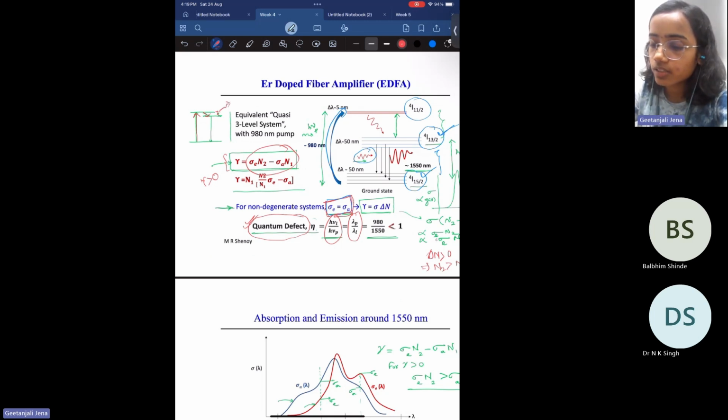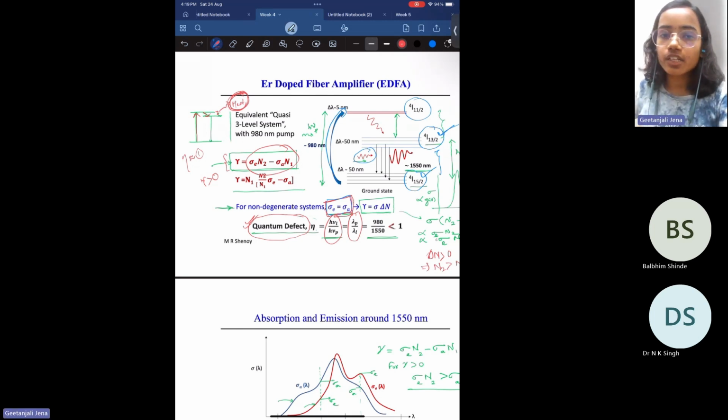So there is a release of energy in the form of heat or lattice vibration or any other means. If the quantum defect is much closer to 1, it means this energy that is lost in the form of heat or lattice vibration is much less. So that means most of the pumping power energy is utilized to amplify the signal.